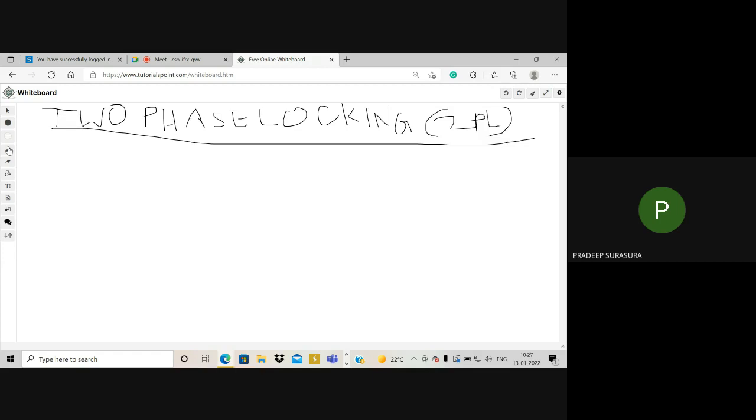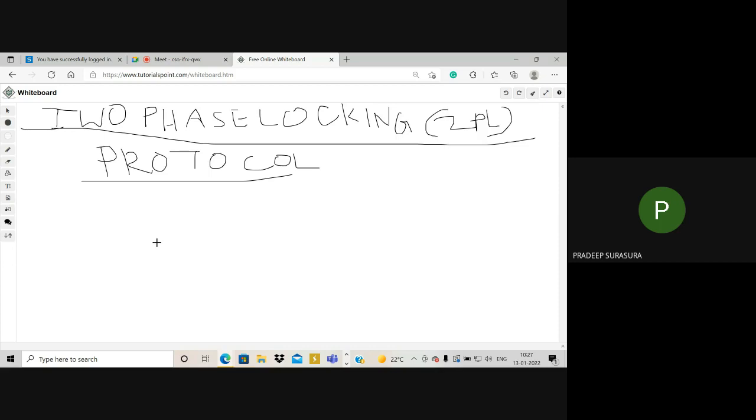Now, why the name is called two is that we have two phases in the protocol. We call it the two-phase locking protocol, 2PL.